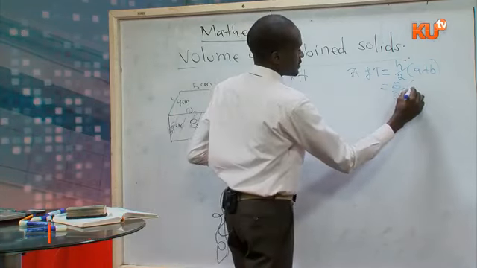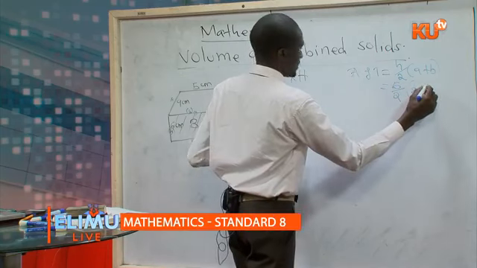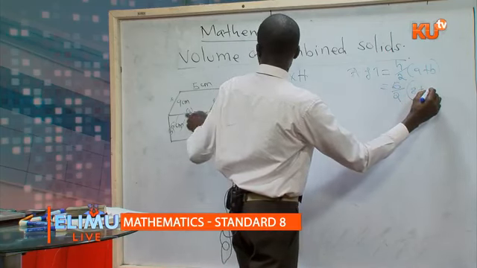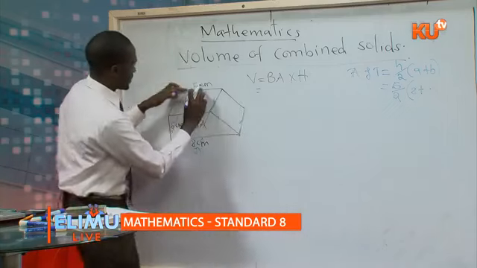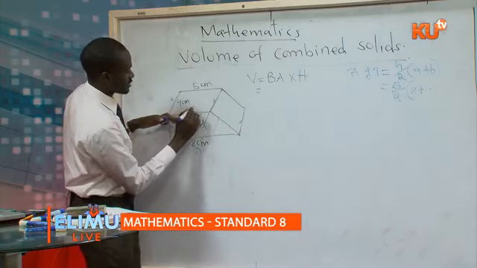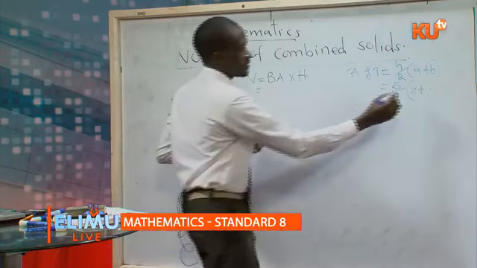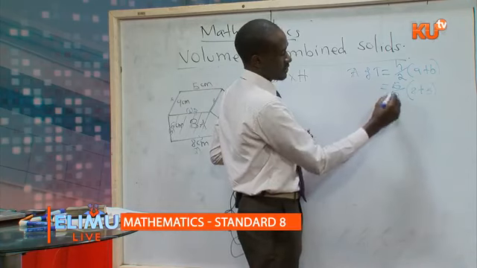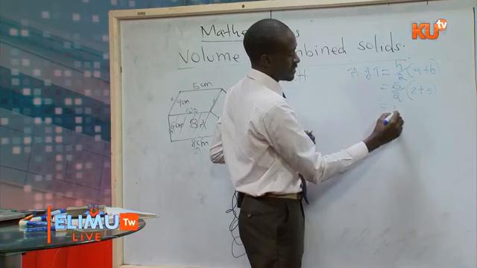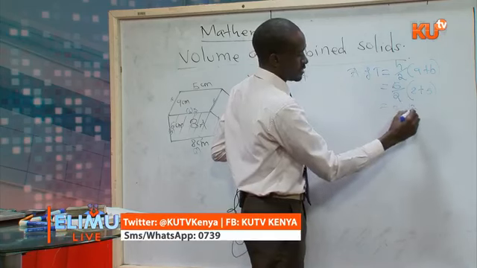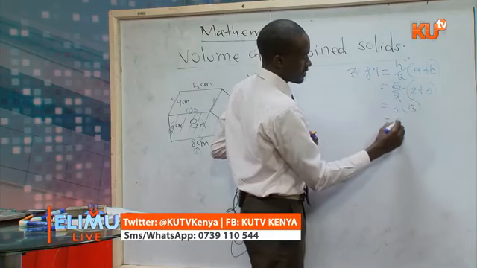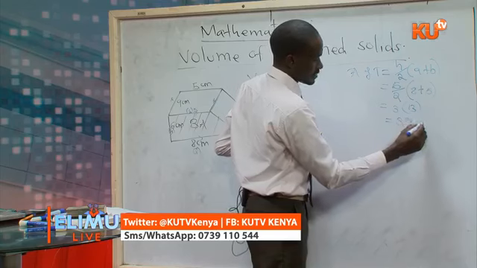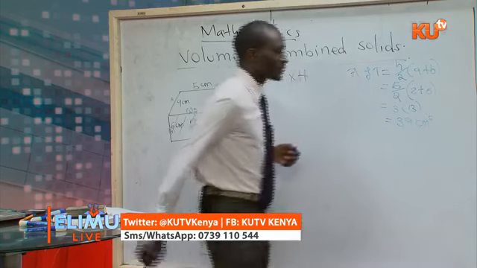So A is 8 plus B is 5. This one is the same as this one, so B is 5. Then the area is 3 into 13. That gives us 39 square centimeter.